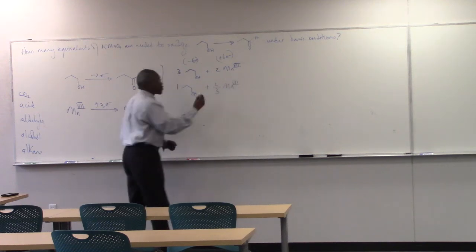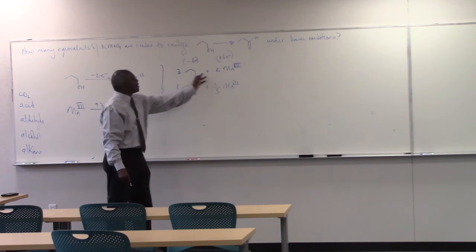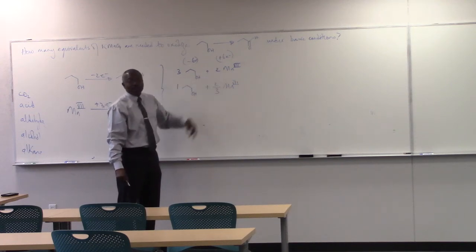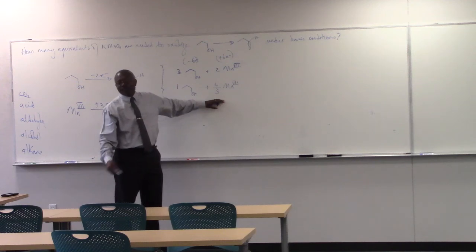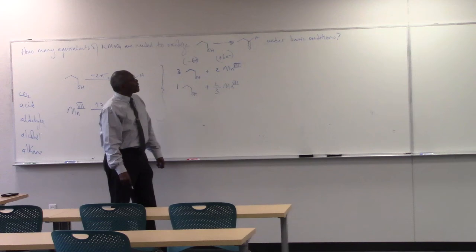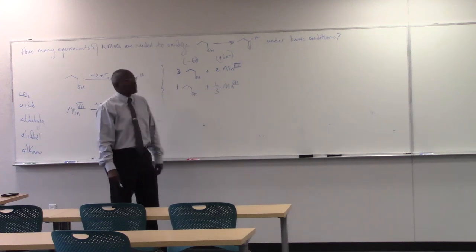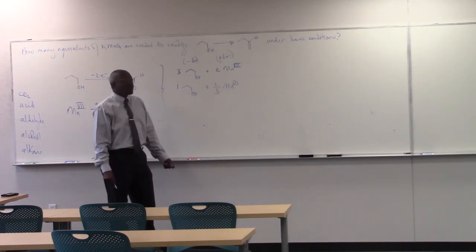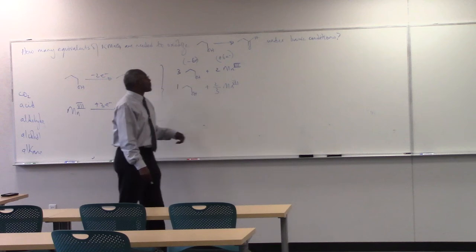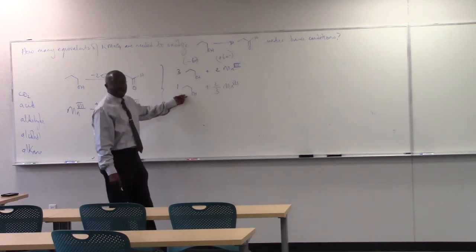Ratio and proportion. Divide by 3, divide by 3. So the answer to this question is I will need 0.66, 0.67 equivalents. The question could have asked, what mass of permanganate do I need to work on a certain mass of this?